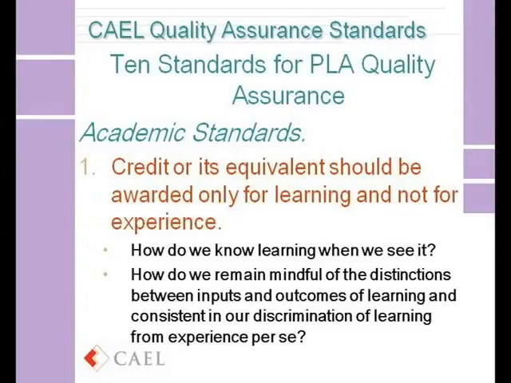In fact, some people who really are doing quality assessment and awarding credit for learning still have in their literature, you can get credit for your life experience, and that is simply a no-no. The credit is for the learning that has occurred through the experience. Experience is an input. Learning is an outcome, and the credit is for the learning. Confusing learning with experience dilutes the meaning of credible learning.